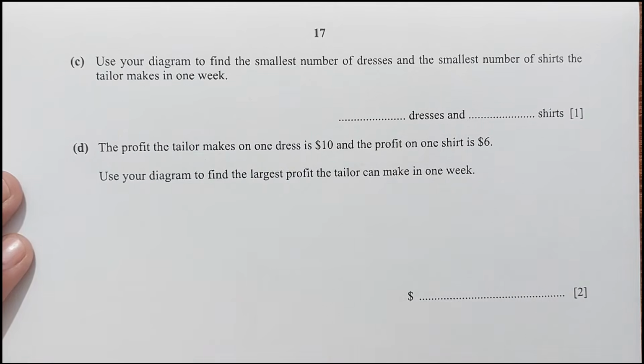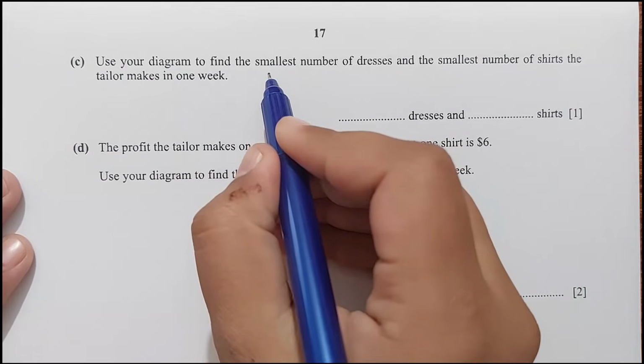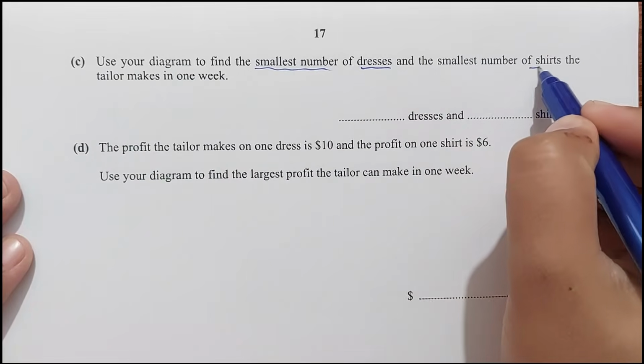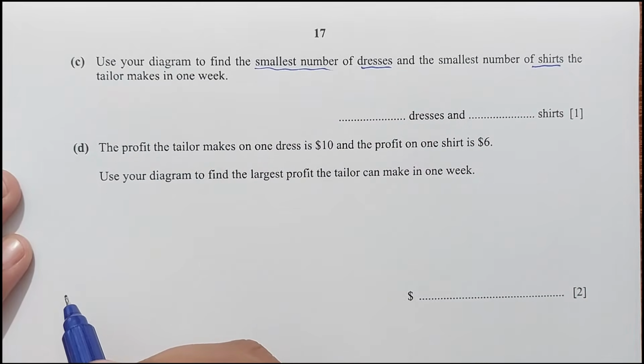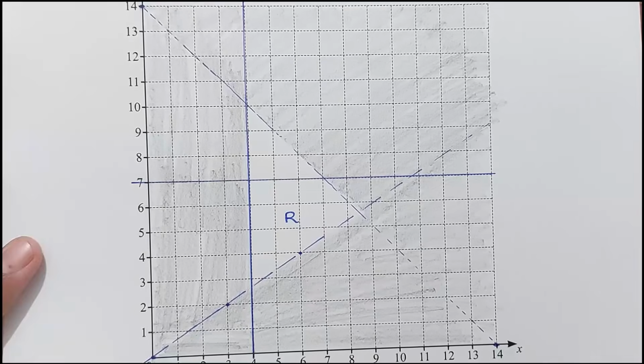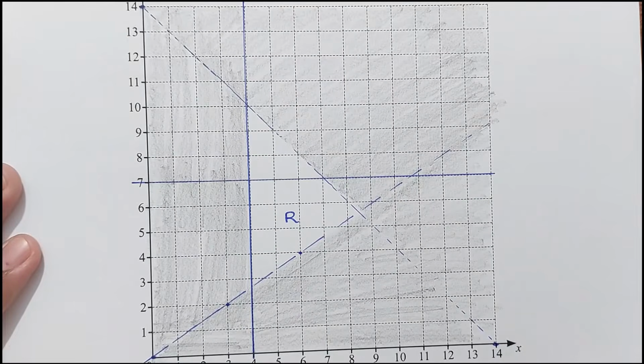Now for part C, use your diagram to find the smallest number of dresses and the smallest number of shirts the tailor makes in 1 week.